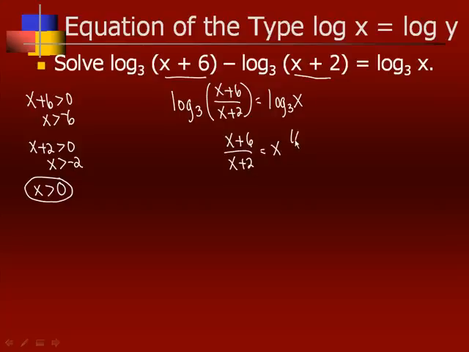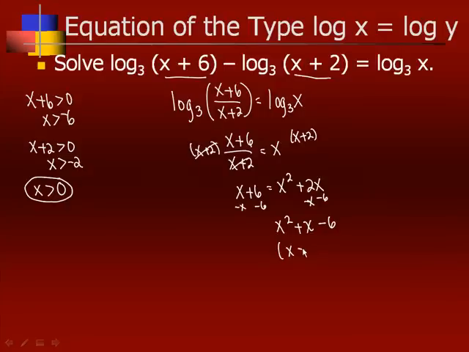Well, to solve that rational equation, we're going to multiply both sides by x plus 2. They cancel on the left side, so we get x plus 6. On the other side, we get x squared plus 2x. Now, if we subtract x and subtract 6, we get x squared plus x minus 6, or x plus 3 times x minus 2 is equal to 0.